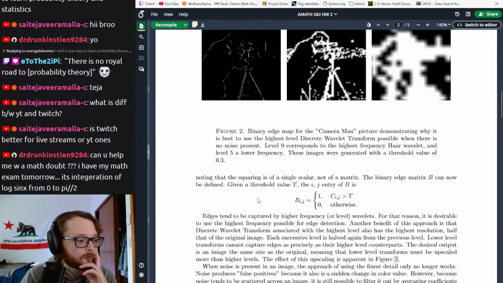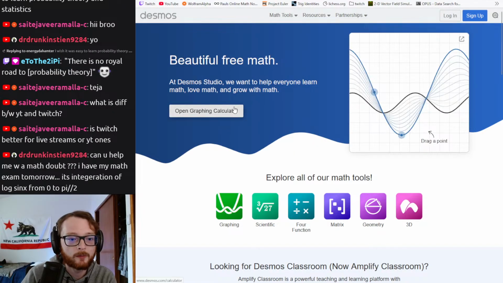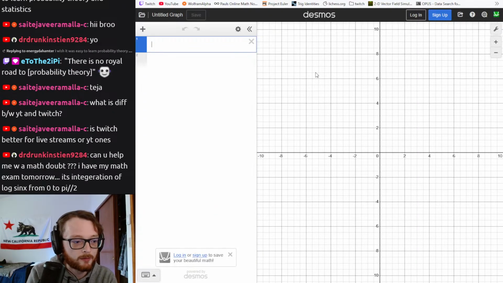Sine of 0 is 0, and log of 0 goes to negative infinity. I think it just is going to diverge, because there's nothing that's going to rescue that.